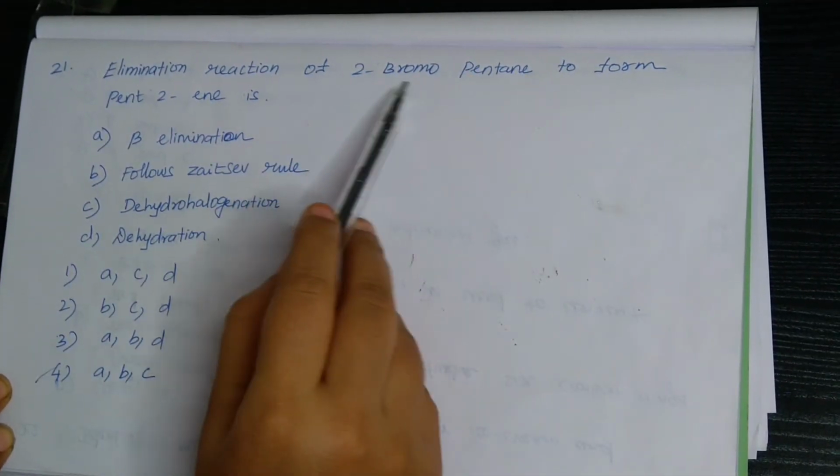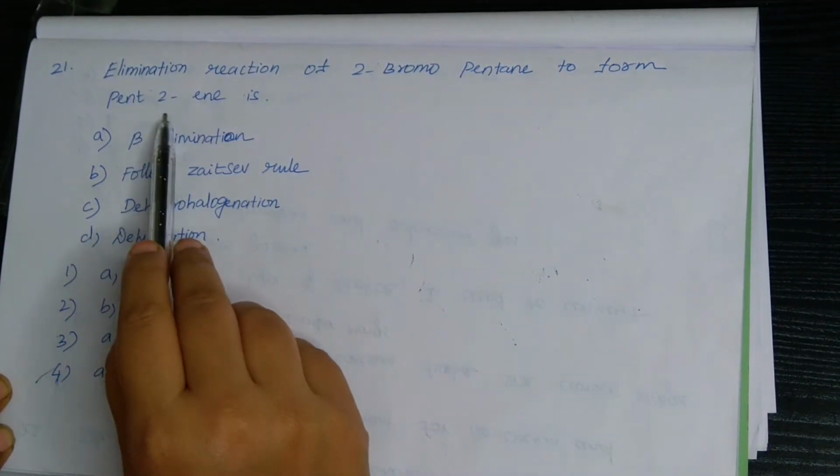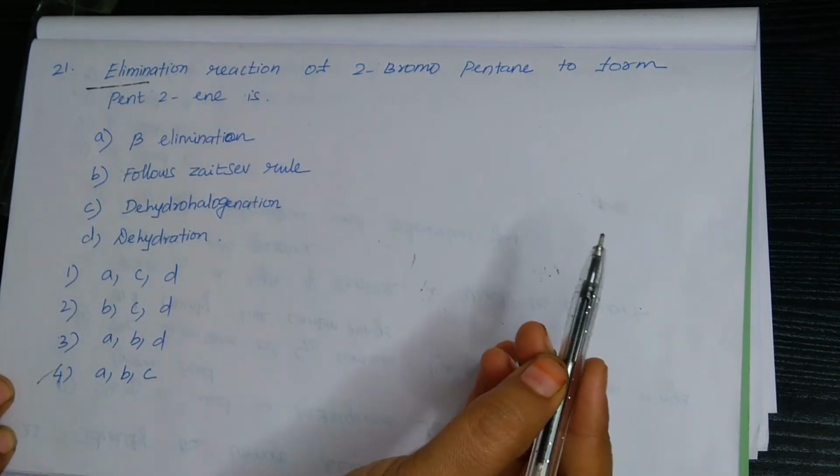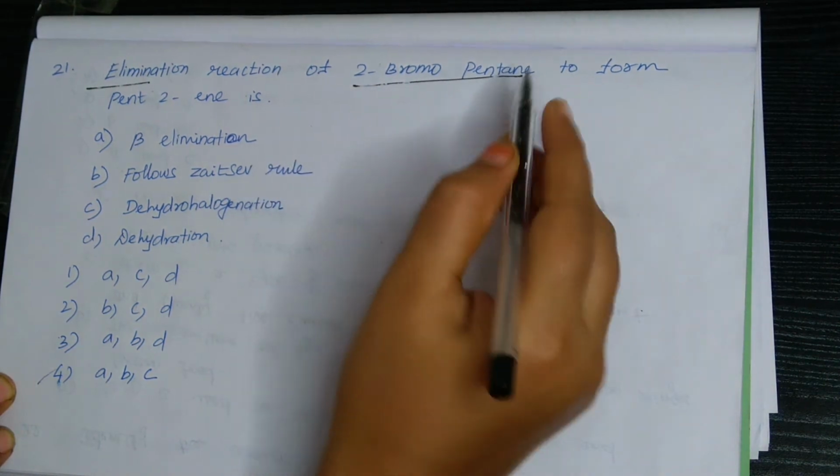Elimination reaction of 2-bromopentane to form pent-2-ene. So this is elimination, already it is given. What is 2-bromopentane first?